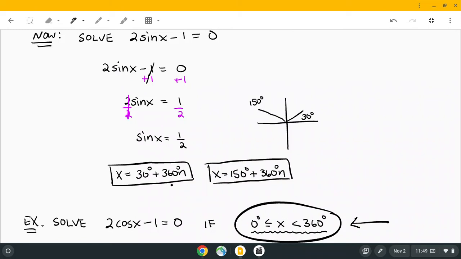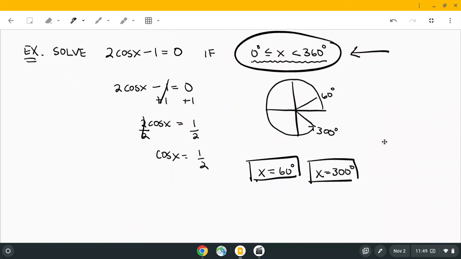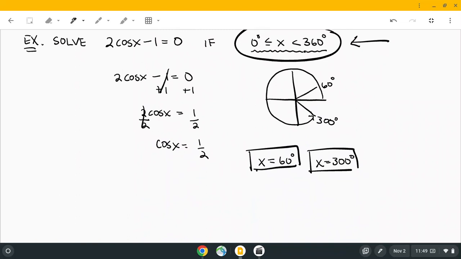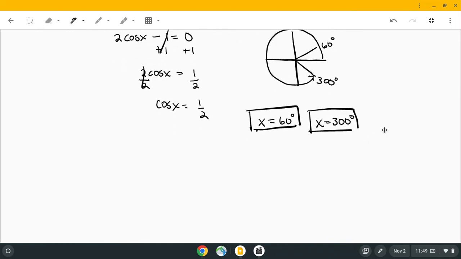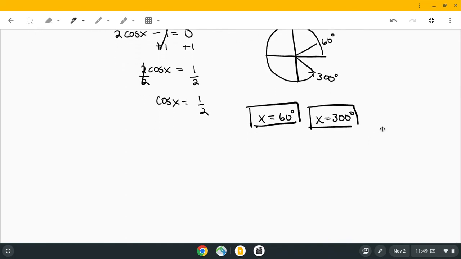It just said solve. That's when you have to do the plus 360n. But if it has this, you can just write the actual angles and stop.